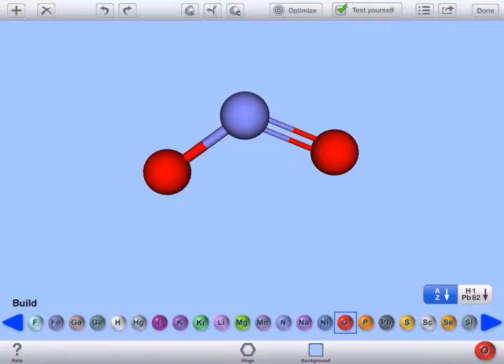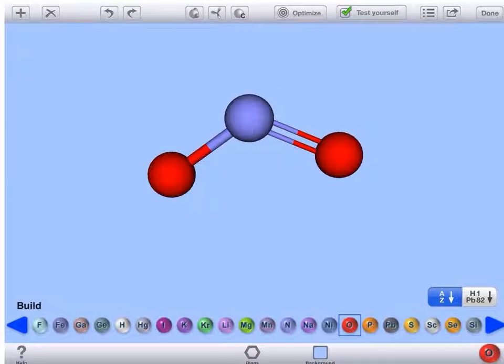Here we have a graphic of our NO2 molecule. I'm just going to add the lone pairs so that we can see how it really looks. We have our double bond there and our single bond on the left with the angle that is less than 120.